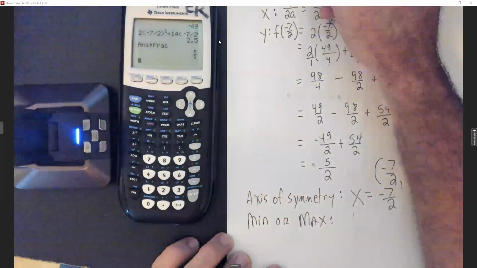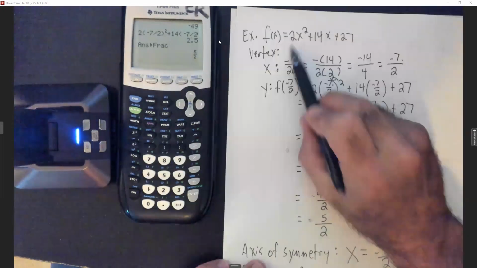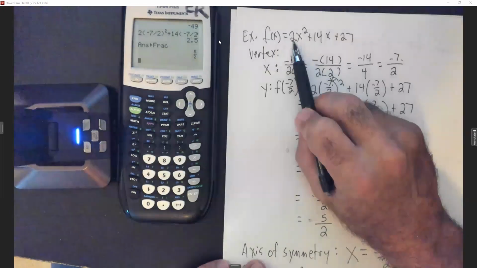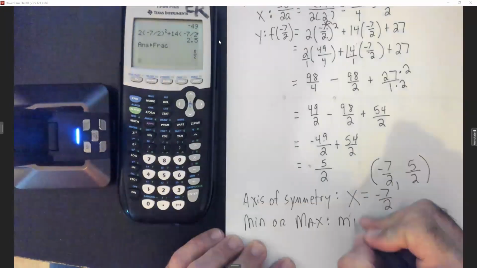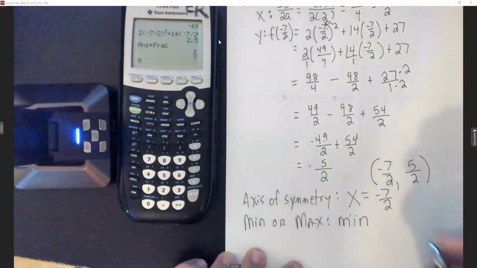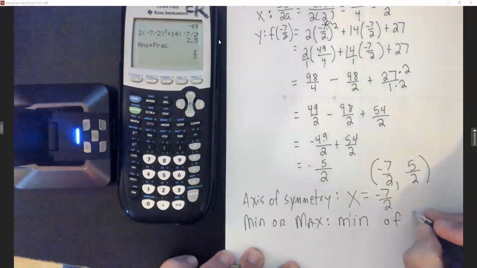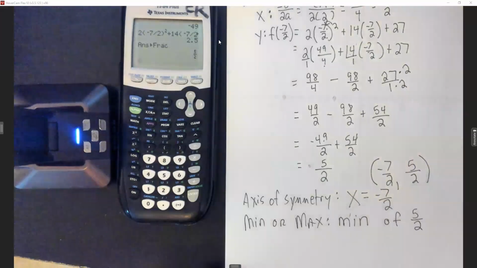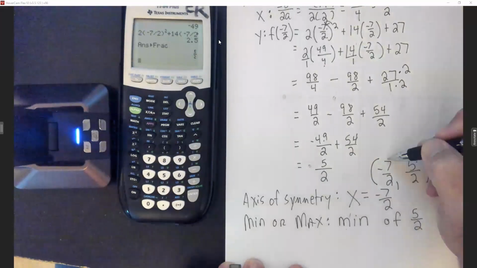So way up here on my equation, I had a positive 2x squared. Since that's a positive 2x squared, I have a minimum. And the minimum value is the 5 halves. So remember, your y value is the min or max value. The x value gives you that line of symmetry, okay?